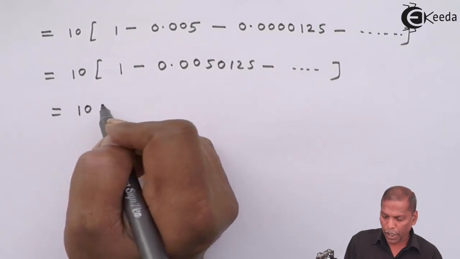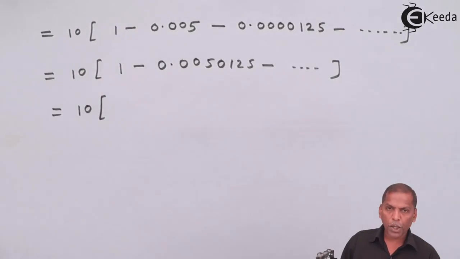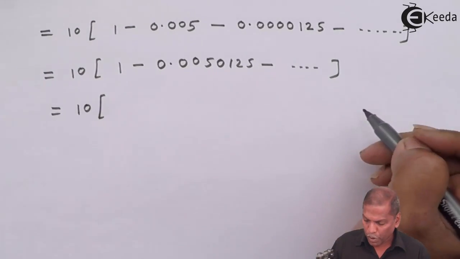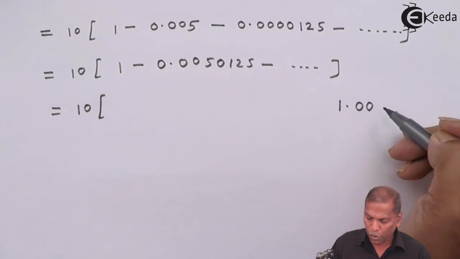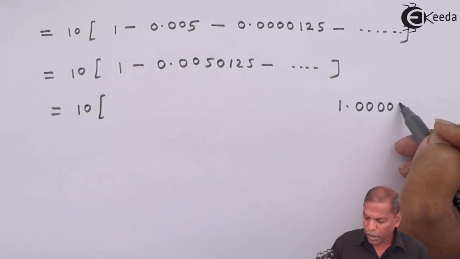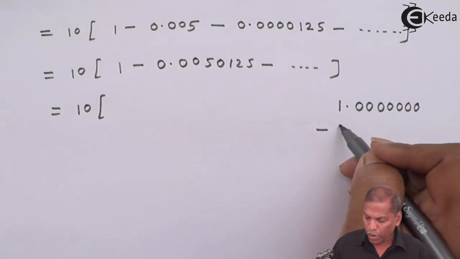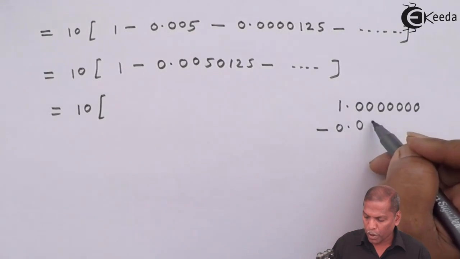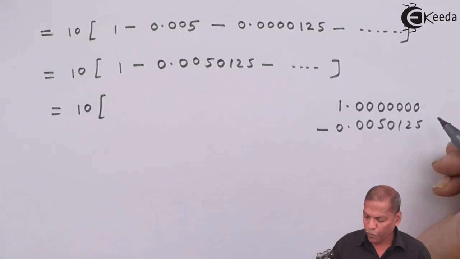Now this is 10 in bracket. Now here on subtracting these two terms, that 1.0000000 minus 0.0050125.